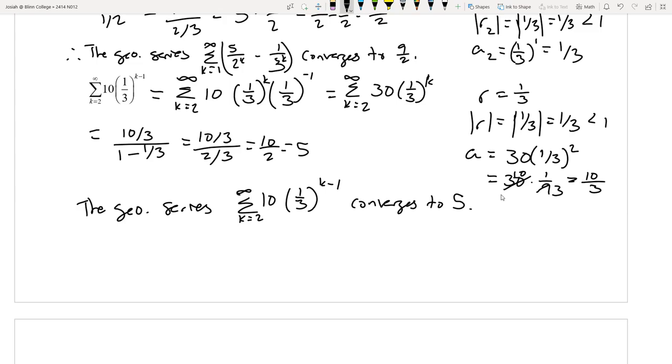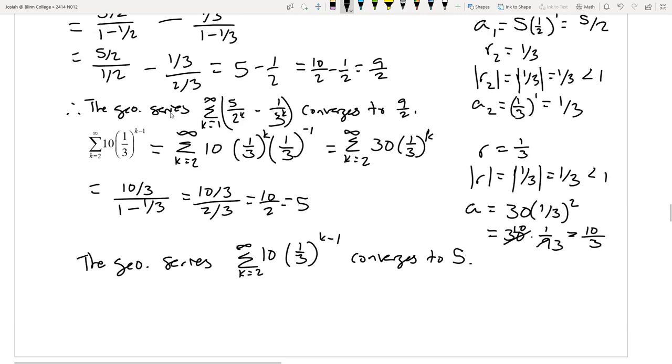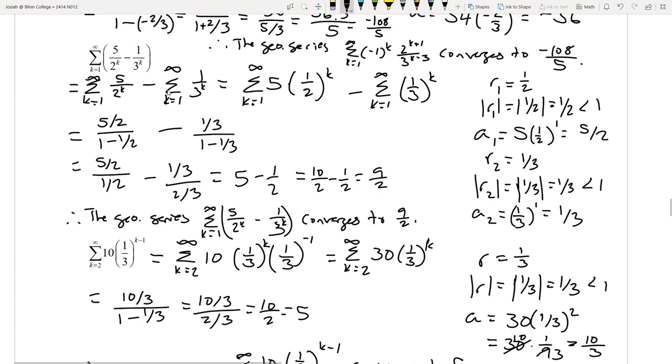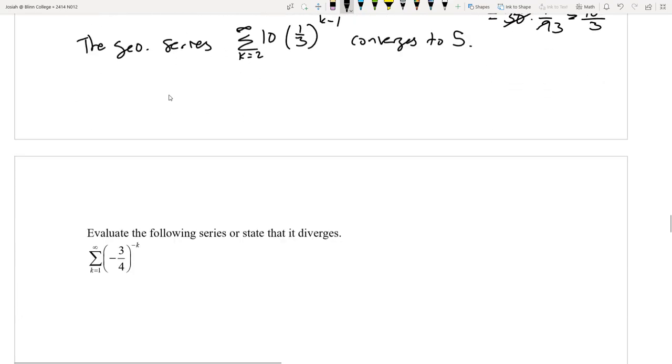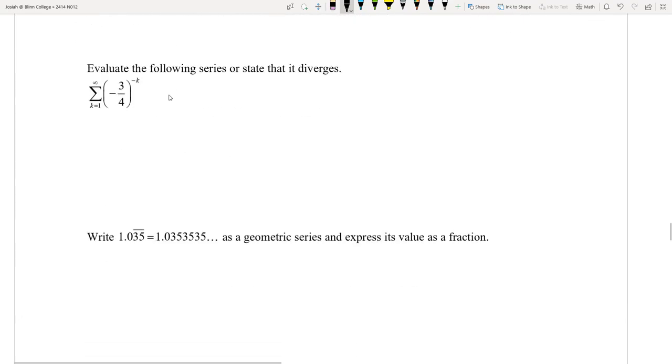All right, so that's a good representation of the different mishmashes of problems we can have with geometric series, either by combining in these multiples or by subtracting or adding different series together. So we'll look at this last one and then see what we got here.